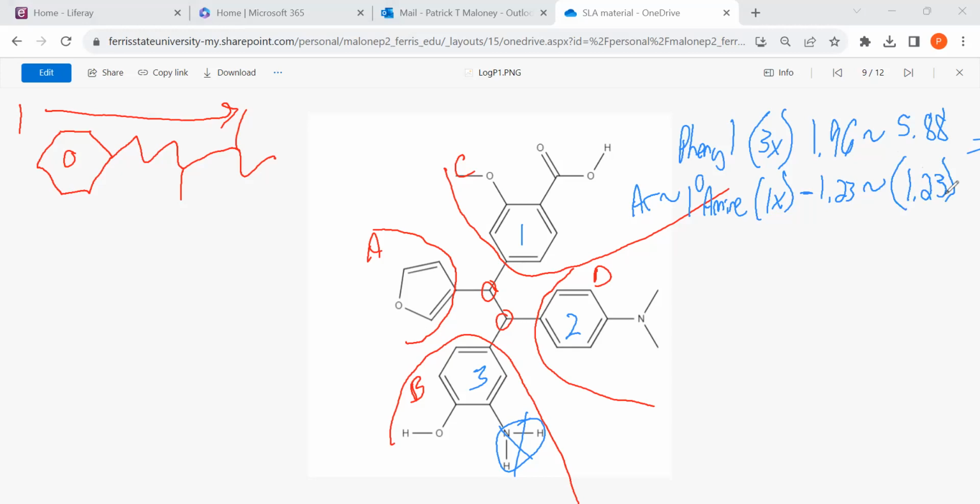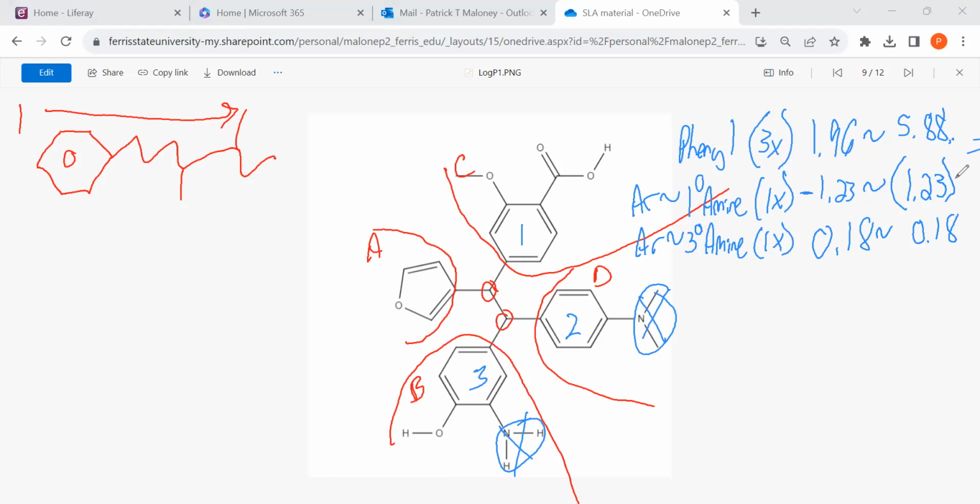Next up, we've got an aromatic tertiary amine right here, times 1. And so that is going to be 0.18.